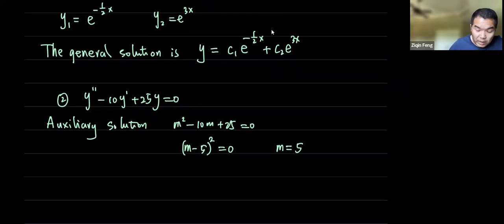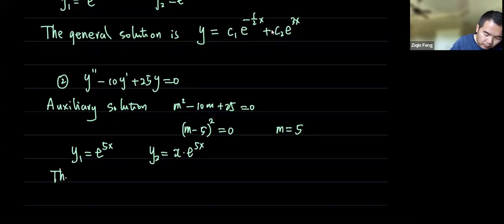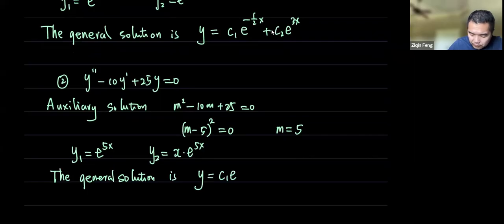In this case, one solution is y1 equal to e to 5x, and the other one, y2, by the reduction of order method, is x times e to 5x. So the general solution is y equal to c1 e to 5x plus c2 x e to 5x.